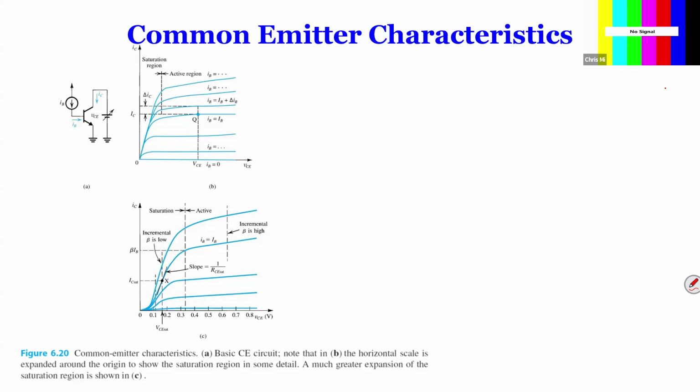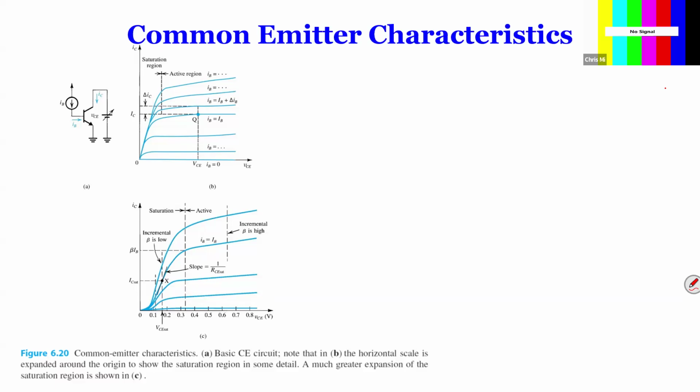So look at this little diagram over here. In this diagram, we inject IB into the transistor with a constant current source, and then we connect VCE to a variable voltage. When you change the VCE, the IC is going to change. So you can plot the relation between VCE and IC.